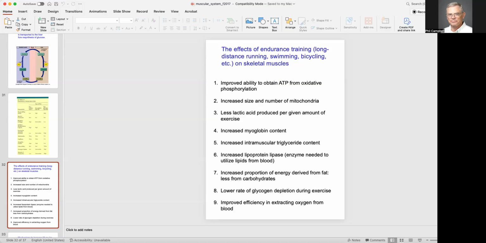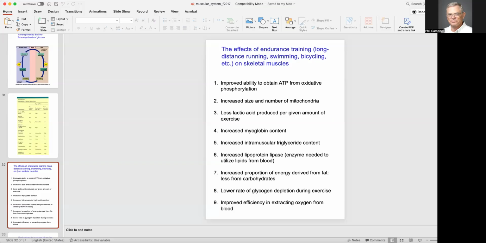You're going to get higher concentrations of lipids within those cells because triglycerides and fatty acids feed into that oxidative phosphorylation. And your portion of energy derived from fat exceeds carbohydrates. I'm not going to get to metabolism, but with lipids there's more bang for the buck. There is more energy per pound for fat versus carbohydrates, right?